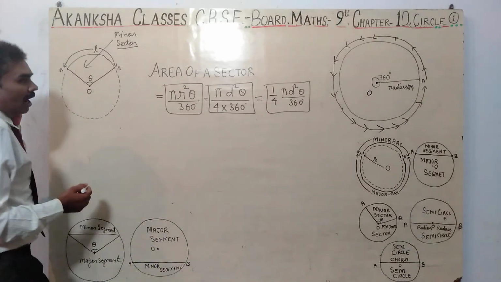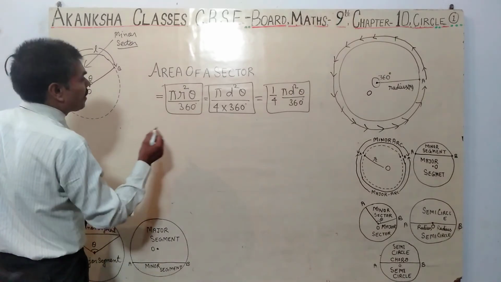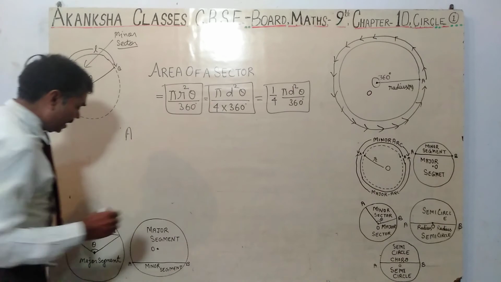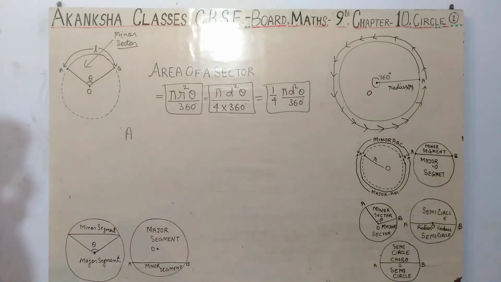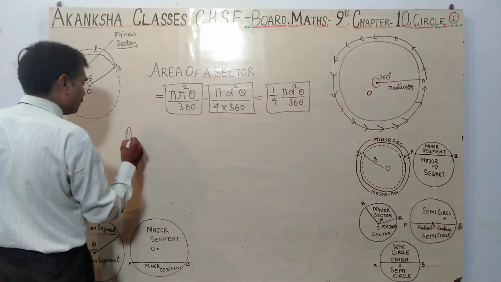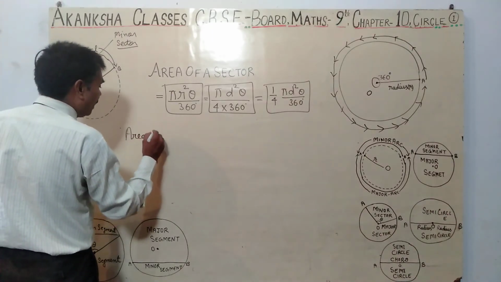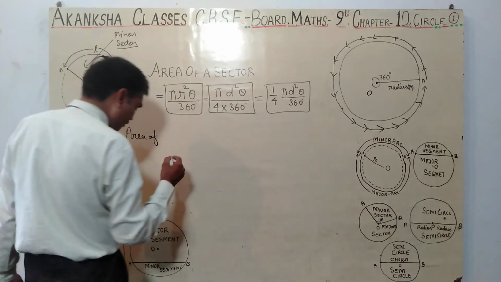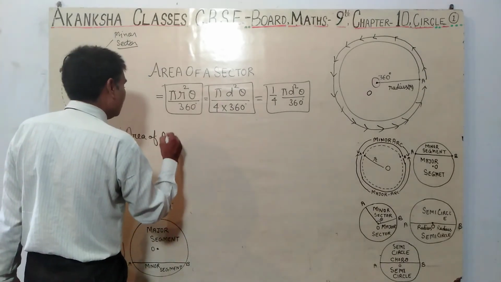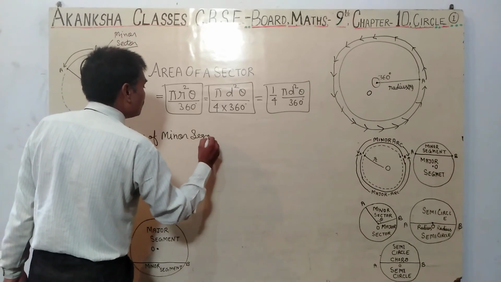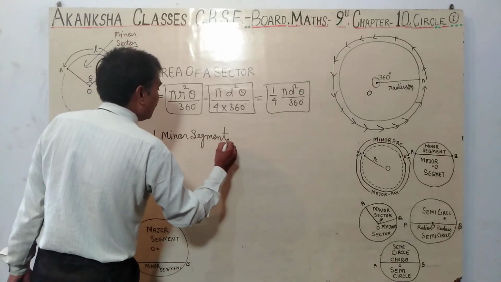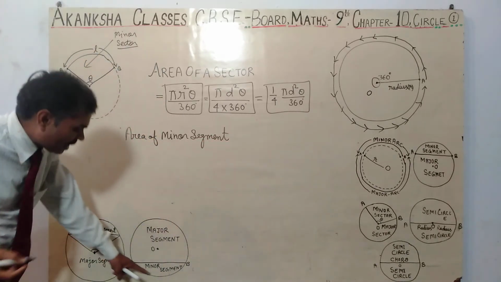But how can you find the area of a segment? We will talk about the area of segment. Suppose you have to find the area of minor segment. Students, what do you mean by segment?